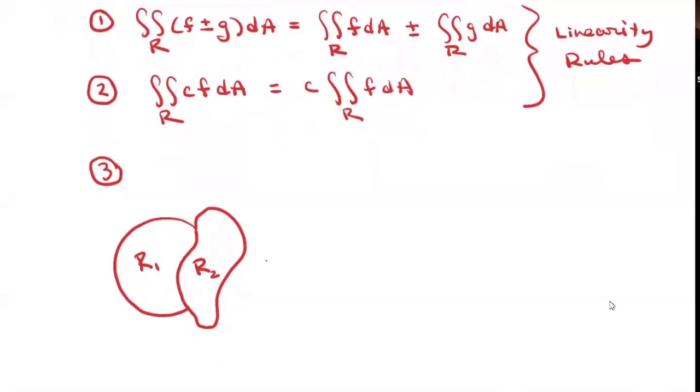And it's given that the area of R1 intersect R2 has to have 0 area for what I'm about to write.